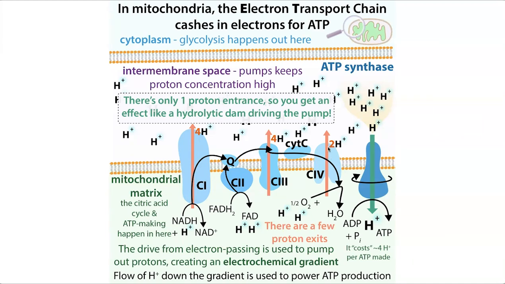That energy was enough in normal situations to pump out the protons. But if the gradient is too great, then it costs too much energy to pump out the protons. You won't get enough energy from the passing of the electrons, and the pumping of the protons would actually stop. So ATP synthase, by letting the protons through, makes it so that we can keep pumping protons out.